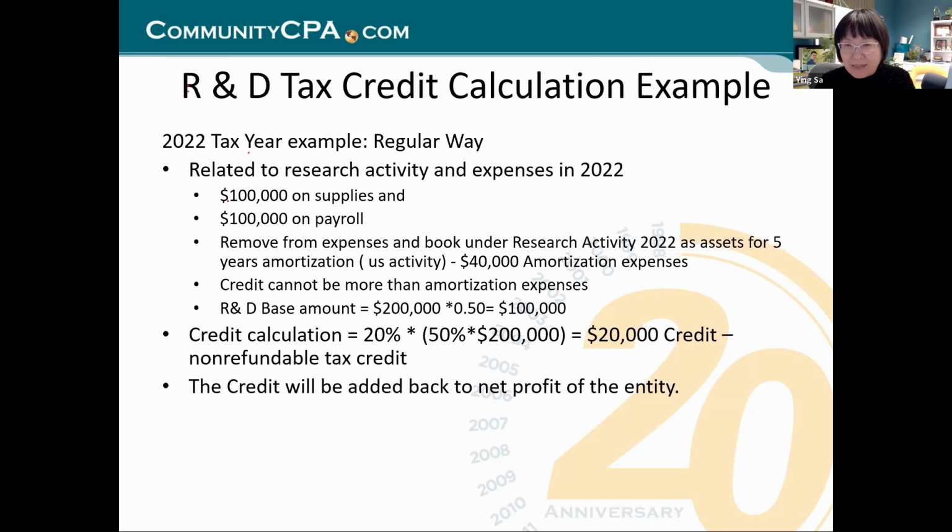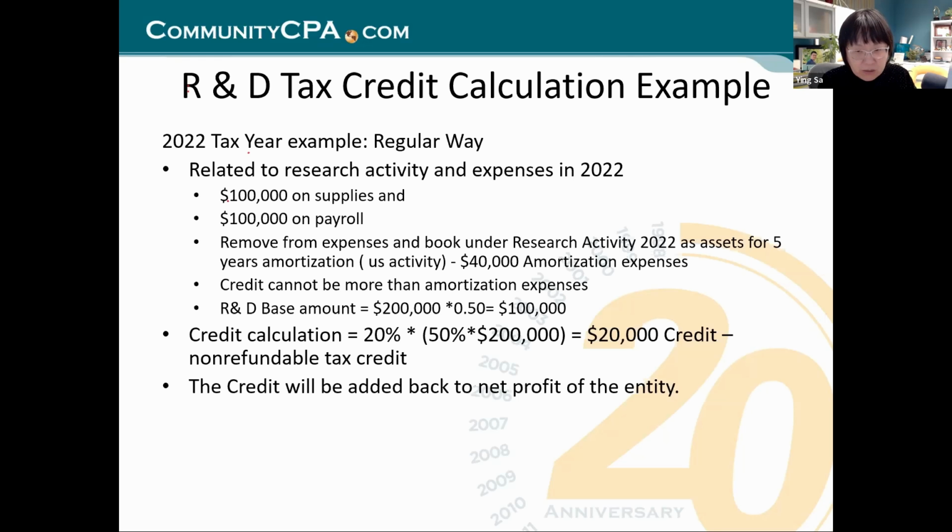So what does that mean? If you don't even have a profit, you're losing money, you don't have income tax you need to pay, why are you using the credit here? You should use that against your payroll tax. Make sense? All right. But one thing, that $20,000 tax credit, they require you to add it back to the profit. So that means, let's say you have a $20,000 loss after you calculated your profit and loss statement.